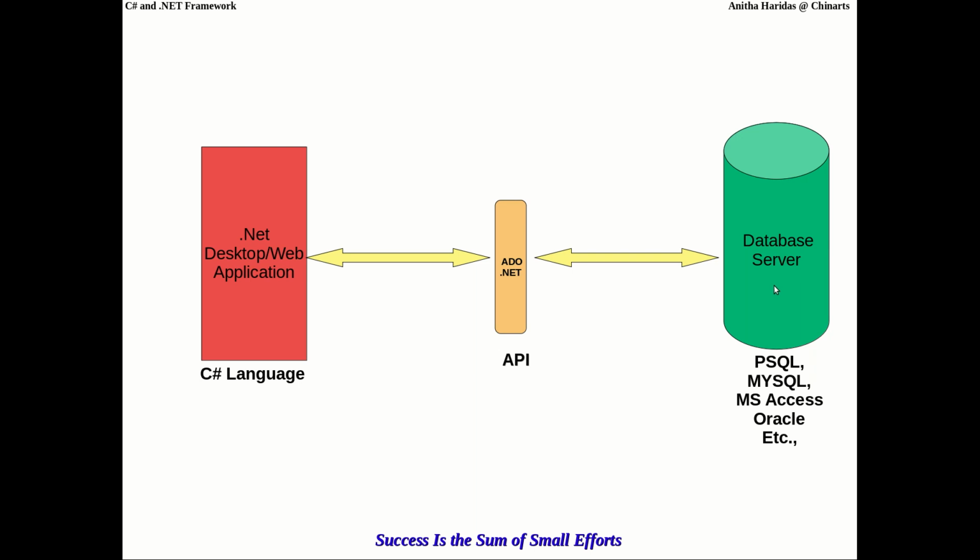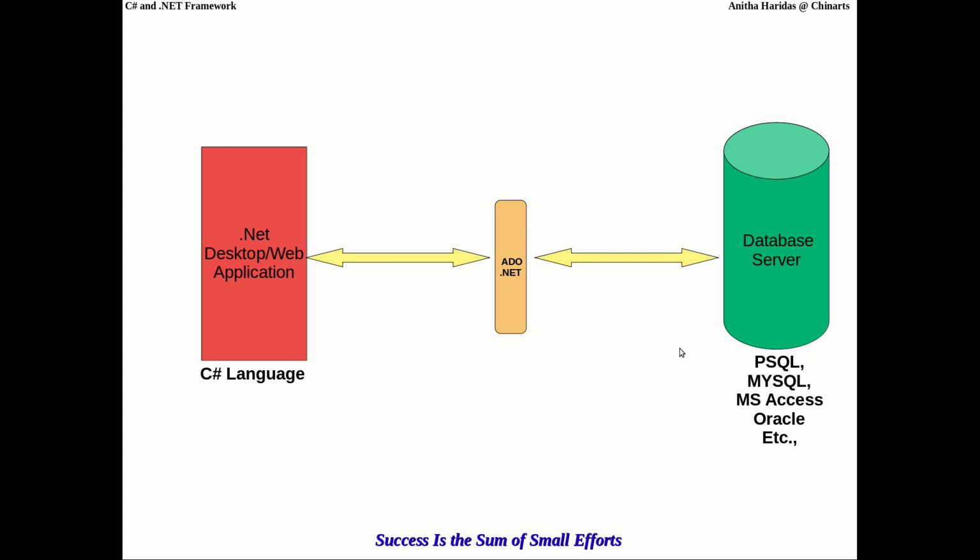The same way, when it is retrieving the data, it will retrieve the data from the database server, and it will be transforming it so that the C# language or the .NET application can understand what is accessed from the database server.